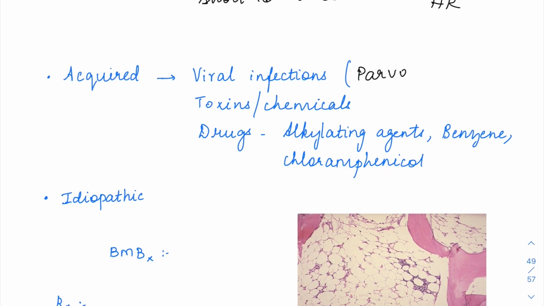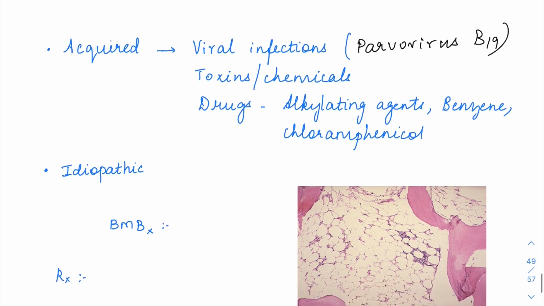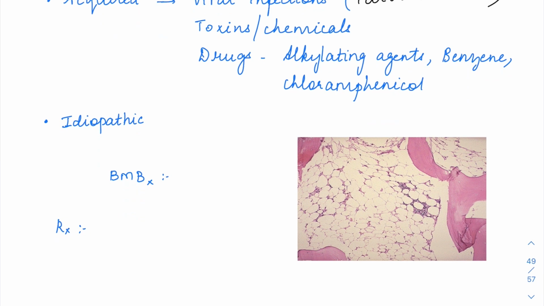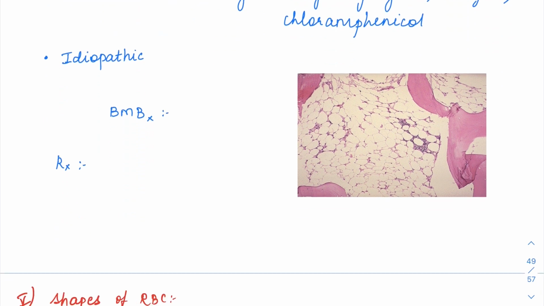Again, parvovirus B19 infection. Then certain toxins and chemicals, chemotherapeutic drugs like alkylating agents, chloramphenicol, benzene. All of these can cause a decrease in the production of stem cells, so aplastic anemia can be there. And finally, it can also occur as an idiopathic cause.